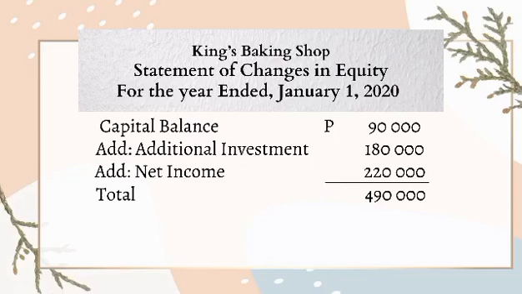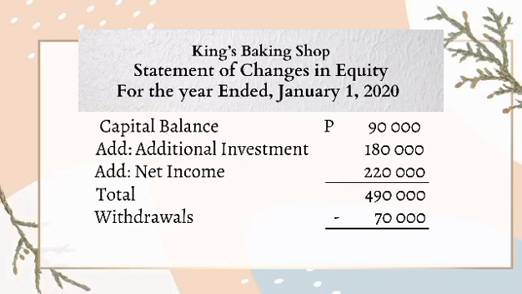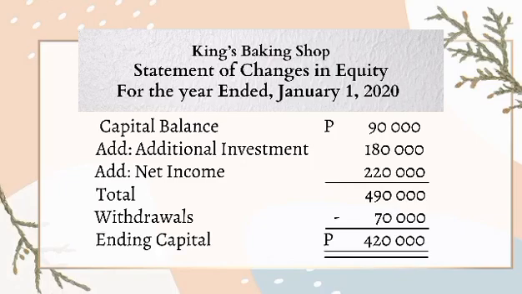The next thing we are going to do is to deduct the owner withdrawals amounting to 70,000. After arranging all the account titles, we are now going to compute the ending capital of the company. So the ending capital of King Baking Shop for the year ended 2019 is 420,000.